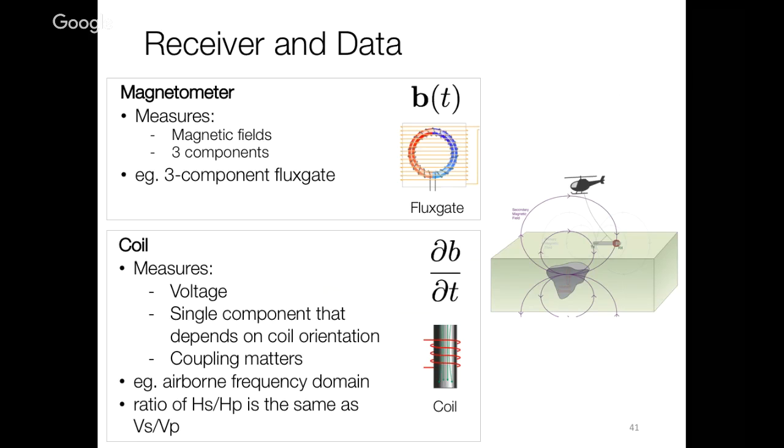Well, we can have a magnetometer, so we can have a three-component magnetometer that measures the three components of the magnetic field, or what you guys did when we started this course was to use a total field magnetometer, so it measured the amplitude. But you could actually measure all the components.